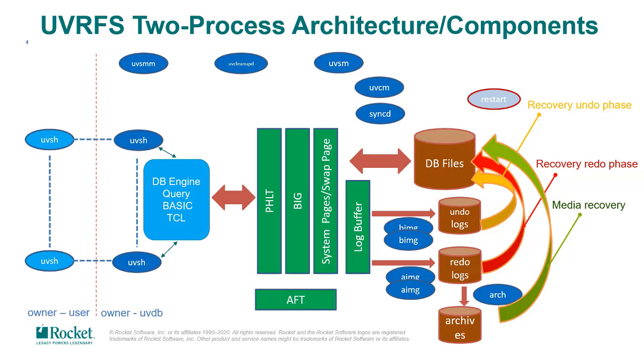Let's review the system diagram first. The centerpiece of the system is the system buffer, along with some daemon processes and the logging system. The first one is the active file table, and the second one is the physical log table.